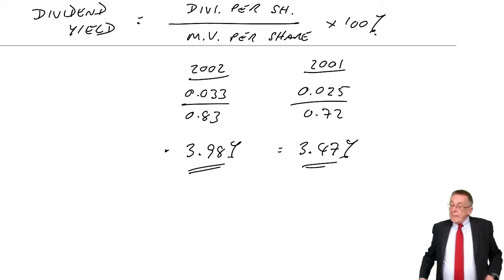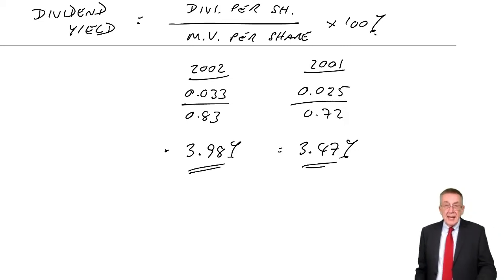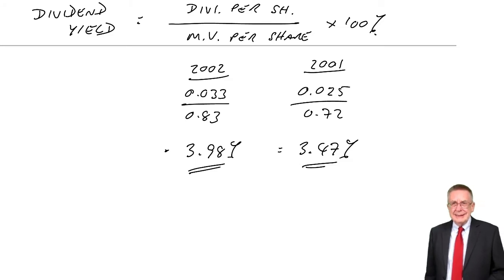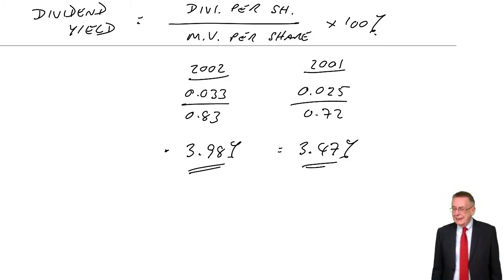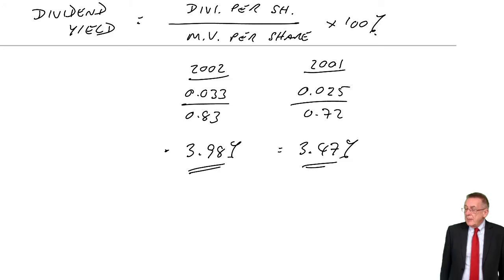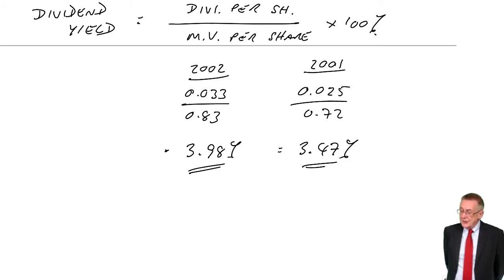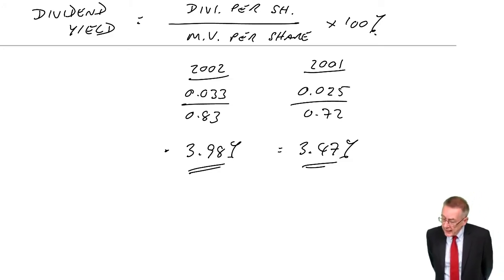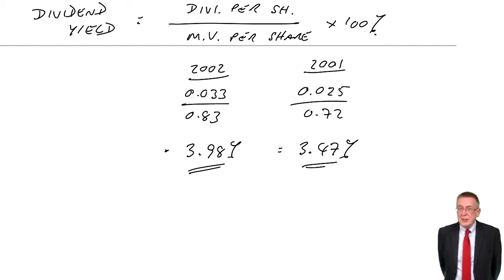However, it's of little actual use. Dividend yields tend to be a lot lower than interest rates at the bank. If I told you the banks are paying interest of 5%, then why on earth would anybody buy a share in 2002 and pay 83 cents if they're only going to get 3.98%?